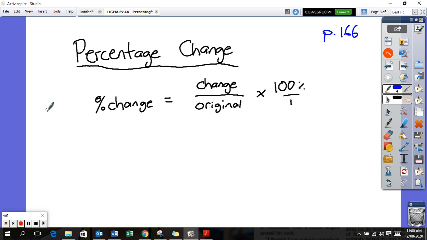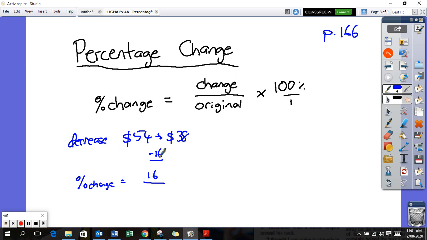So if we've got something decreasing from $54 down to $38, that's going to be minus 16. So the percent change is going to be 16.